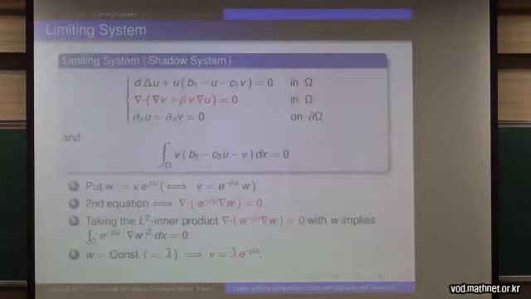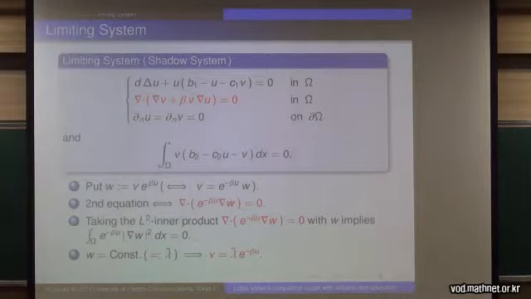Okay? And this couple of elliptic equations can be reduced to a single elliptic equation. Let's see this second equation, and employ a new function w as v times exponential beta u. It is easy to check that this second equation is equivalent to this equation for w and u. And taking the L2 inner product of this equation with w implies this integral is always equal to 0.